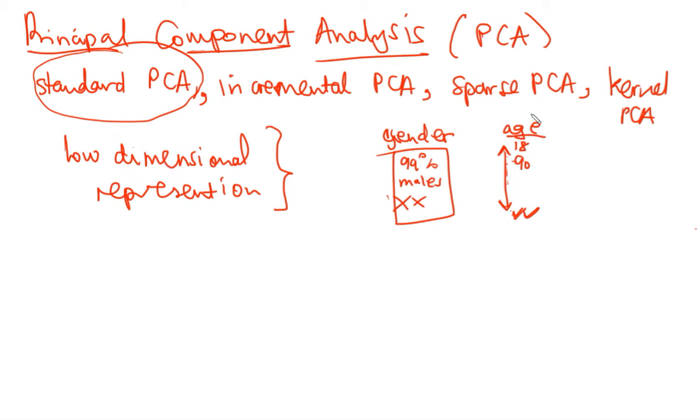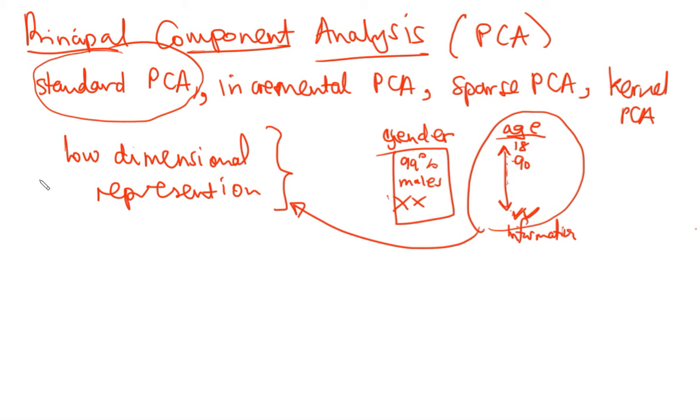It loves columns with lots of variation because that's where the information is. So as it moves from a high dimensional representation to a low dimensional representation, it tries to maintain as much of the variation as possible.